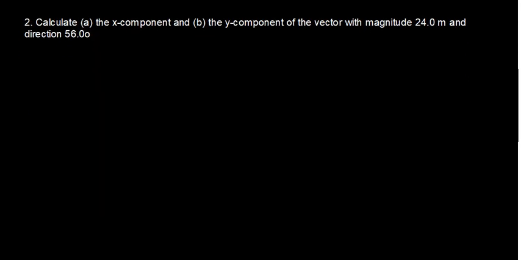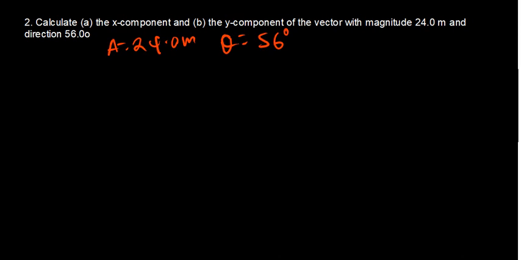Okay, so the question is saying calculate the x component and the y component of a vector with the magnitude 24 meters and the direction of 56 degrees. So to find a vector into its x component, let's say it was vector A. So vector A is 24.0 meters at the angle of 56 degrees.